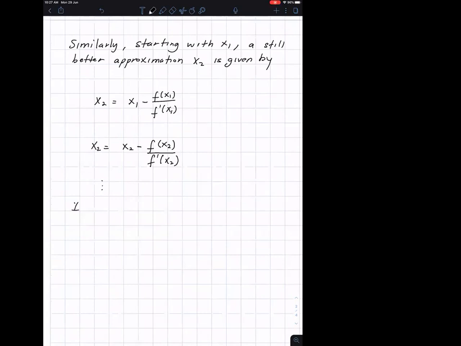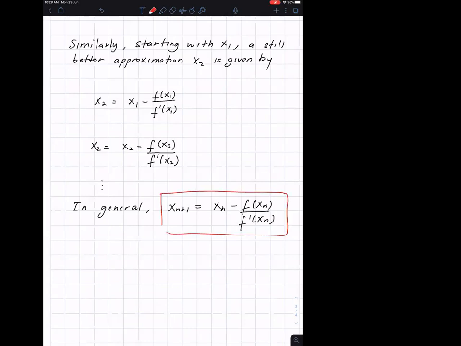In general, x(n plus 1) is xn minus f(xn) over f'(xn), which is known as the Newton-Raphson formula.